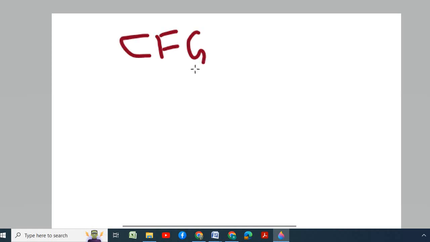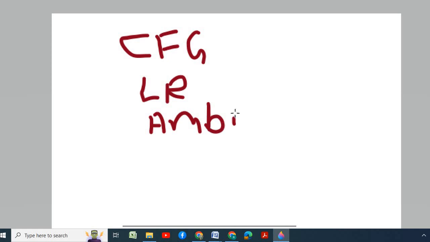And there should not be any left recursion, and also there should not be any ambiguity, and if necessary we can perform left factoring. These are some of the rules we have to keep in mind.